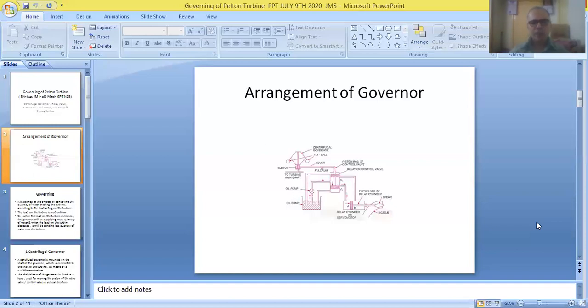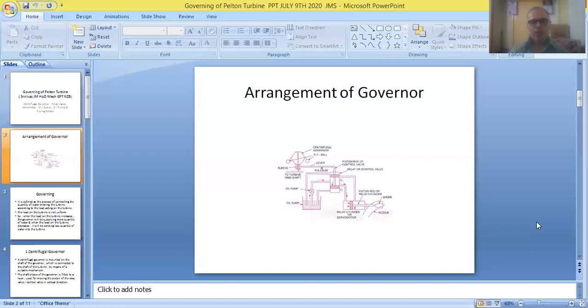Therefore, more quantity of water will be entering the turbine. This wonderful arrangement is used for automatically controlling the quantity of water that is entering the turbine.